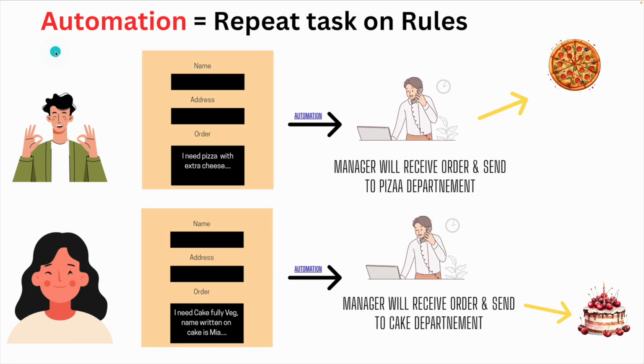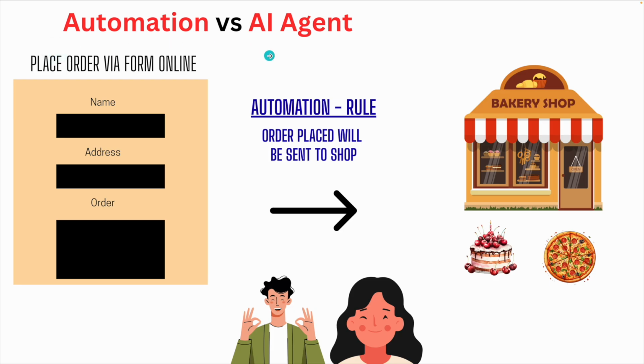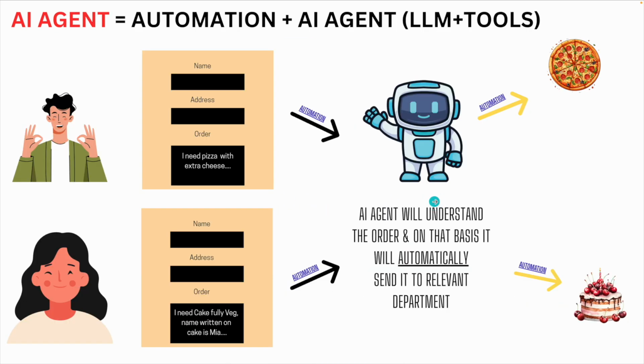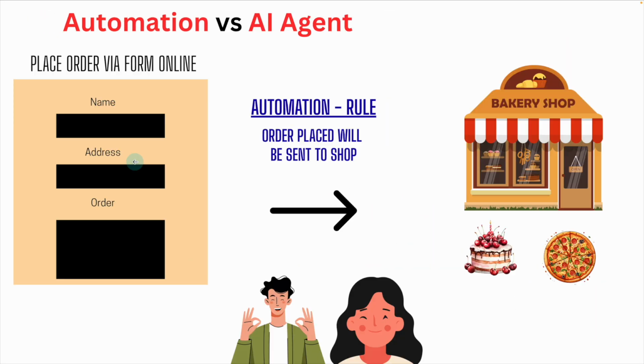So that's the difference between automations versus AI agents. I just tried to explain it with the concept of this example, and I hope you have got a little bit of an idea about the difference between automation versus AI agent.